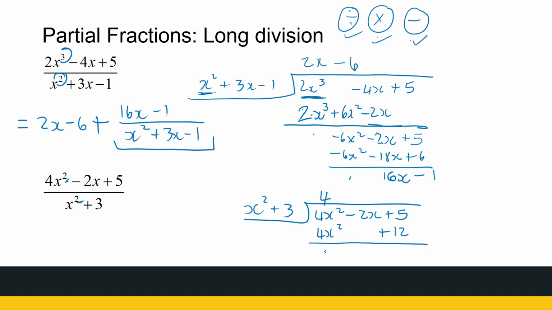I subtract, I get 0. Minus 2x minus 0 is minus 2x. 5 minus 12 is minus 7. I'm finished dividing because x squared is bigger than x. So I can rewrite that as 4 plus (minus 2x minus 7) over x squared plus 3.